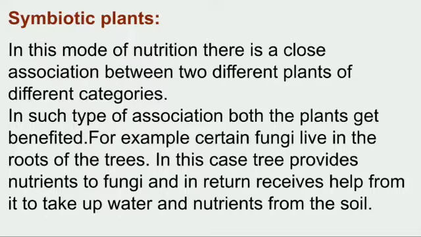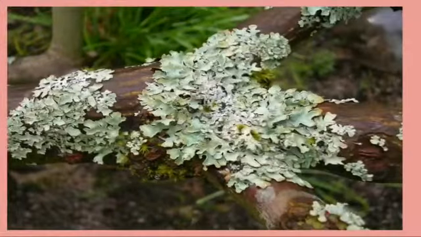In this case, trees provide nutrients to the fungi and in return receive help from them to take up water and nutrients from the soil. So both are helping each other, both are dependent on each other for their food as well as shelter. That's why this is called a mutual understanding. So here we have the example of symbiosis.